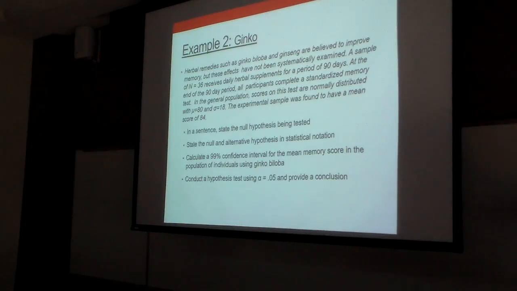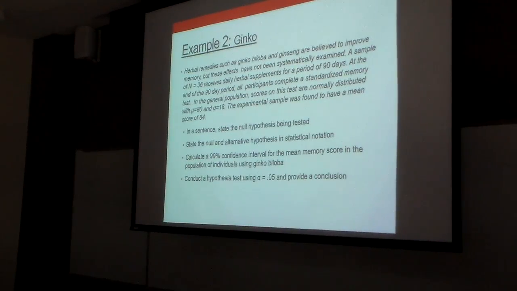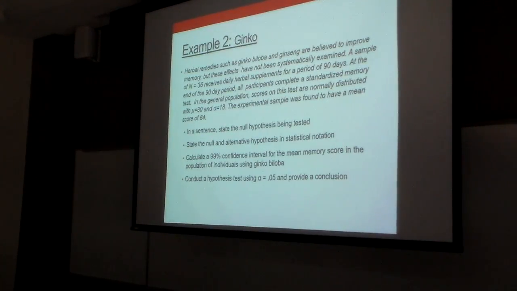So if I say I'm doing a two-tailed test like we would usually do, right? This is 1.96 negative, positive. This is my critical region. I've got 2.5% here, 2.5% here, right?